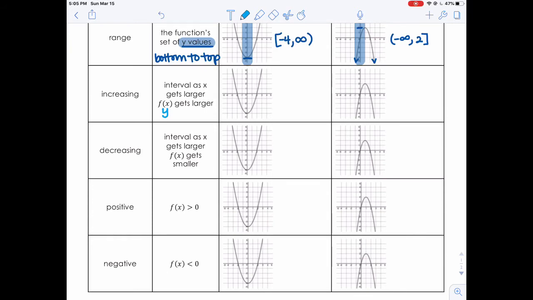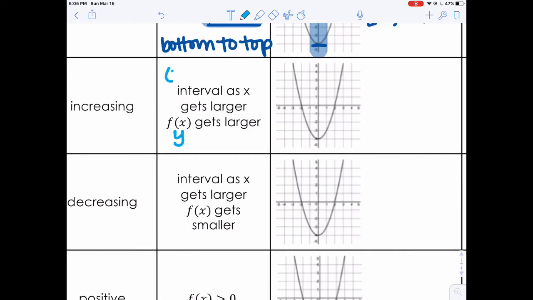So let's make a note here that the interval we're looking at is going to be the x values. Again, reading from left to right, we're looking on our x-axis, and looking where the graph is growing.